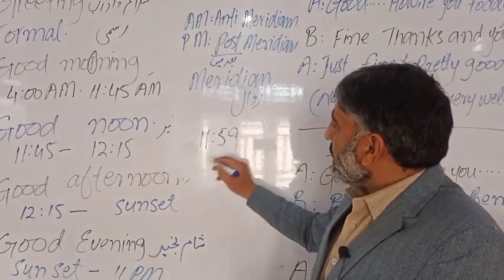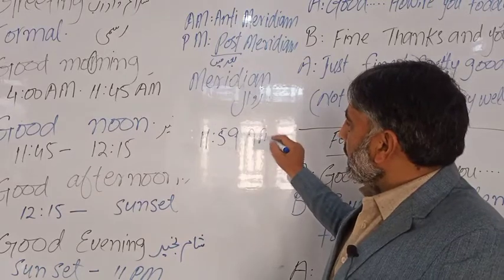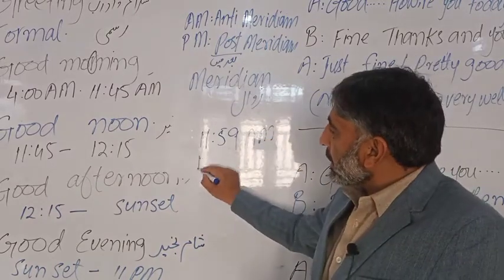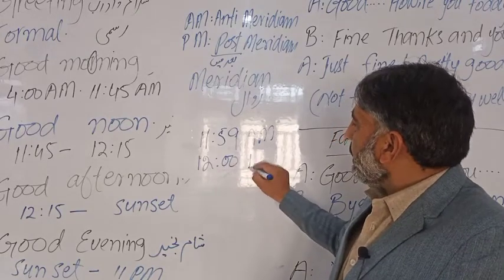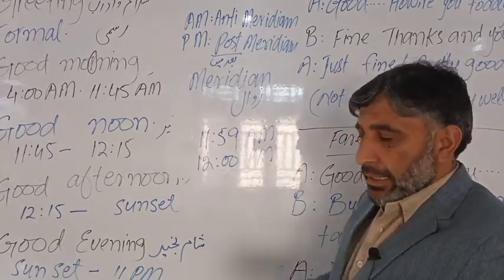And at night time it is also called midnight, 12 o'clock, when it is 11:59. So 11:59 a.m. we will say during daytime. But when it becomes 12 o'clock, 12 o'clock is 12 p.m. or midday.